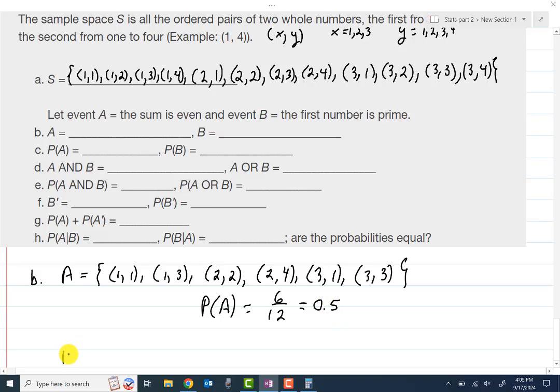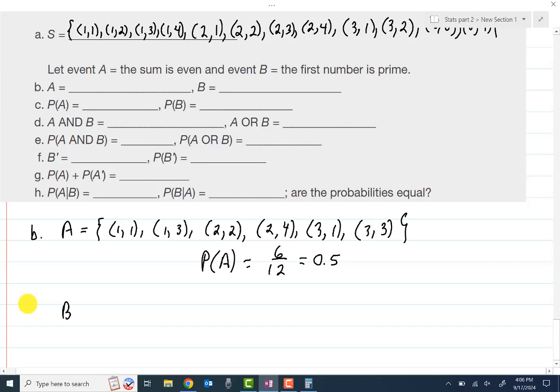B. Here we want the collection of all these ordered pairs where the first number is prime. So the numbers 1, 2, and 3: 1 is not a prime number, 2 is a prime number, and 3 is a prime number. So the set of all items where the first number is prime is like this. We have 2, 1, 2, 2, 2, 3, and 2, 4.